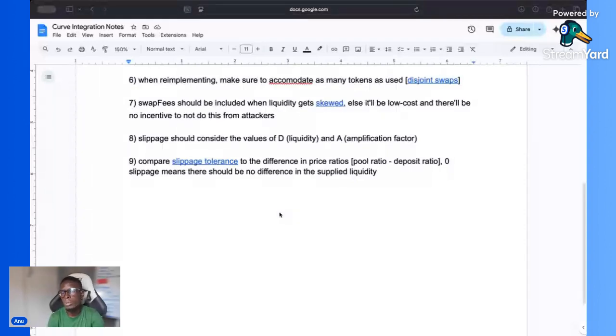Now, this is much worse with a, let's say, multi-token pool that's not stables, because now you're able to control it in a very big way. This will cost you a little maybe on slippage though, but then you're paying no fees when you're swapping, when you're imbalancing the pool.